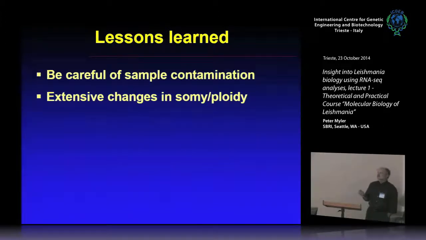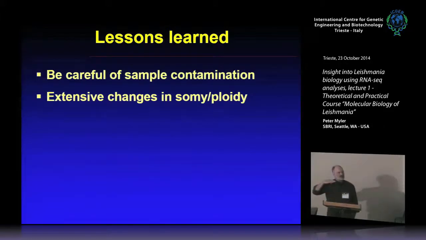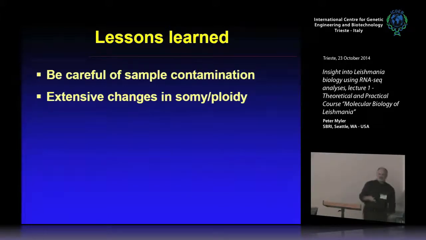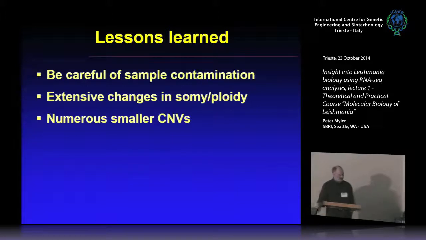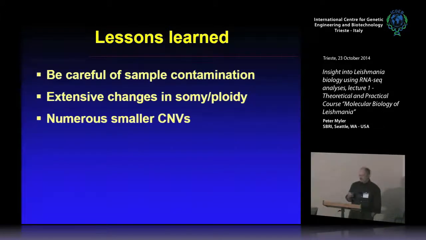The second lesson was that there are extensive changes in somy between isolates. Whether these have any biological function other than just being adaptations to grow in culture remains to be seen. There are some indications that at least some of them are important, but sometimes they probably won't be. There are lots of smaller copy number variations that, again, may or may not have a biological role. It's going to be hard to disentangle those that are just randomly there from those that actually do have biological function.